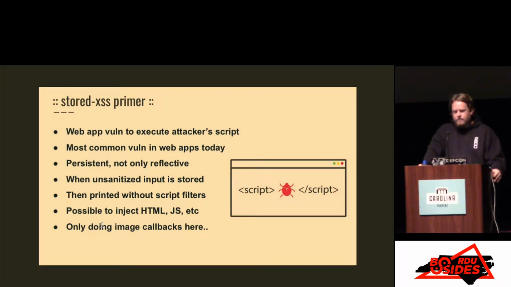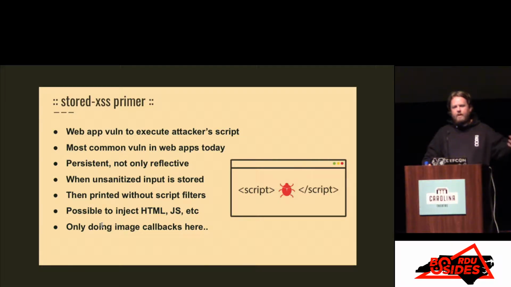So this persistent or stored cross-site scripting occurs whenever that payload is persistent across the session, so it's not reflective. This is typically a payload that's stored inside the database, but can also be stored on the web server file within session information, and so on.